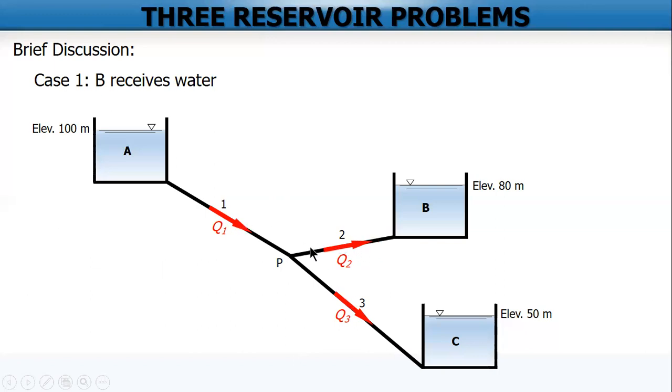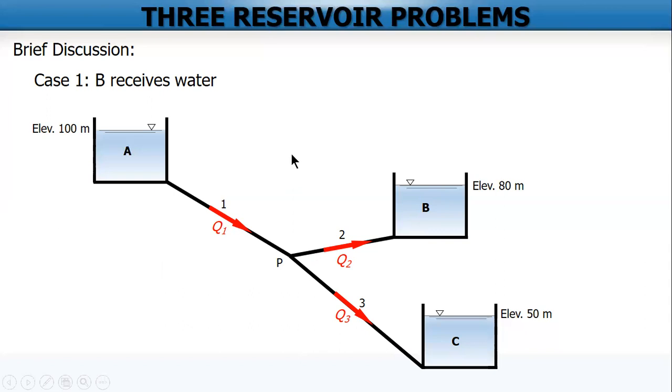So for our Q2, this is where it becomes critical. The flow at B is left to right, because it comes from B. Therefore, the hydraulic grade line going to B will slope downward from left to right. So in that case, it is higher than 80.